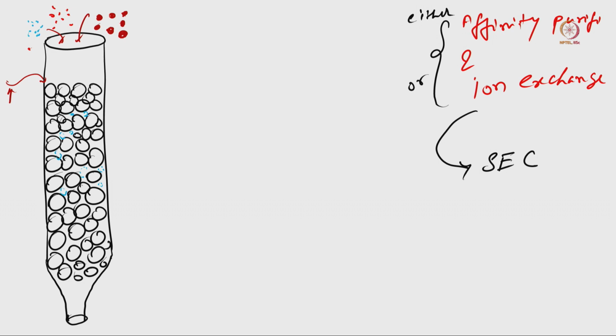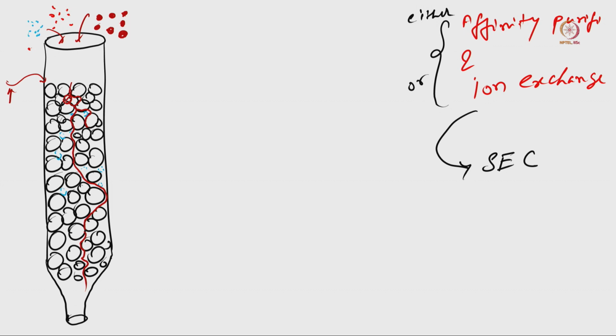Now, whenever we have a very large protein molecule, something like those, they cannot enter the beads. What will happen? Those big ones just travel through the void volume, avoid those beads, use that path, and escape.